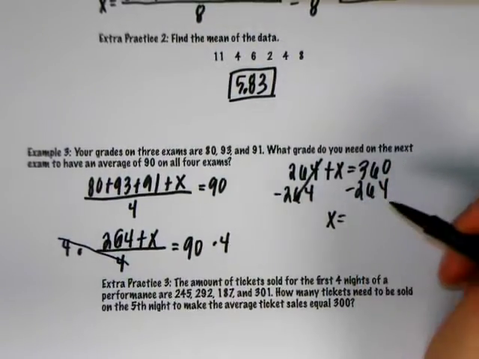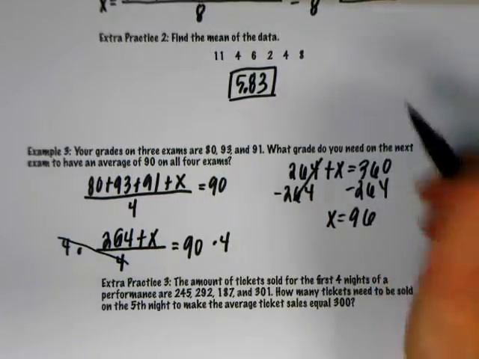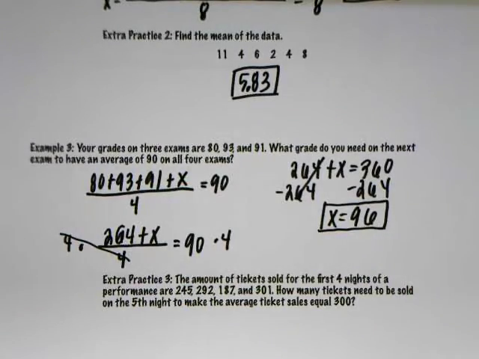So x equals 96? Why am I good at math right now? Normally I can't do math in my head like that. Okay, does that make sense? Yeah? Okay, go ahead and try the next one.